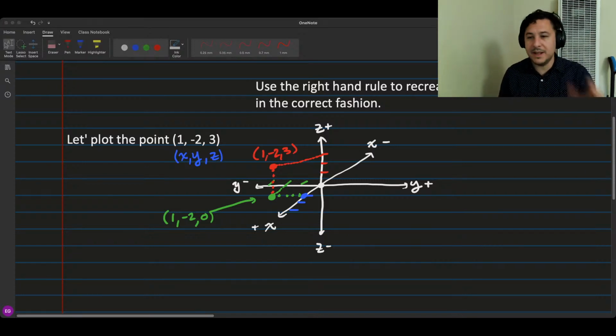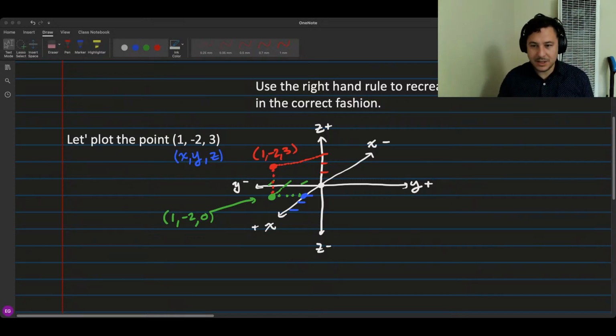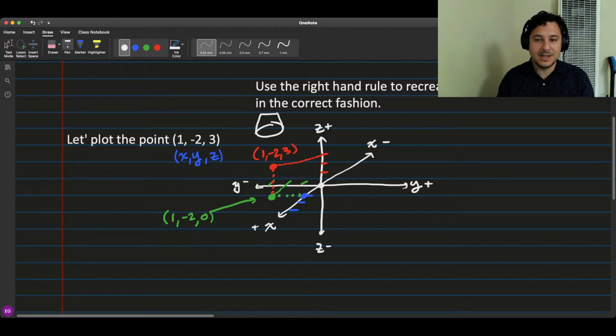If you're drawing this, you need to show two points: this green point on the xy plane, and then the actual point you want, which is in space. Imagine you had a flashlight. Okay, that looks like a can, but whatever. And the xy plane was the ground.